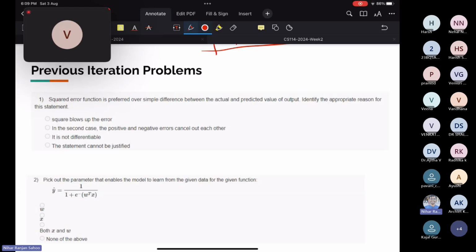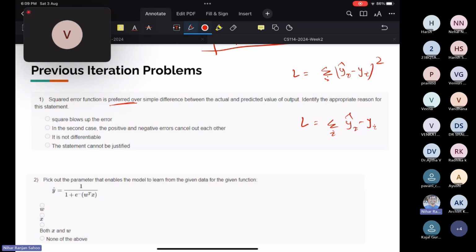This we discussed. The squared error function is L equal to summation over i of (y hat minus y) whole square. This is the squared error. Simple difference is like summation over i of y hat minus y. There is no square involved here. We need to identify the appropriate reason why it is being preferred.